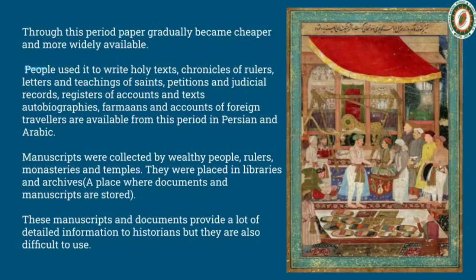So manuscripts were collected by wealthy people, rulers, monasteries and temples. They were placed in libraries and archives. So what is an archive? You have to know that it is a place where documents and manuscripts are stored. Today every state and country has its own national archive.